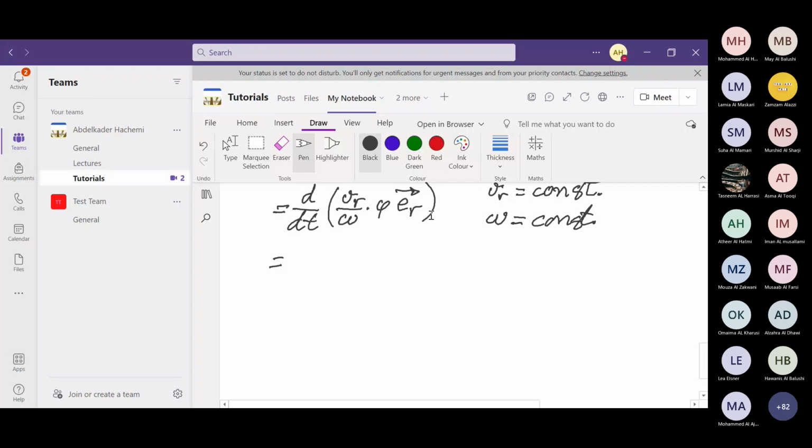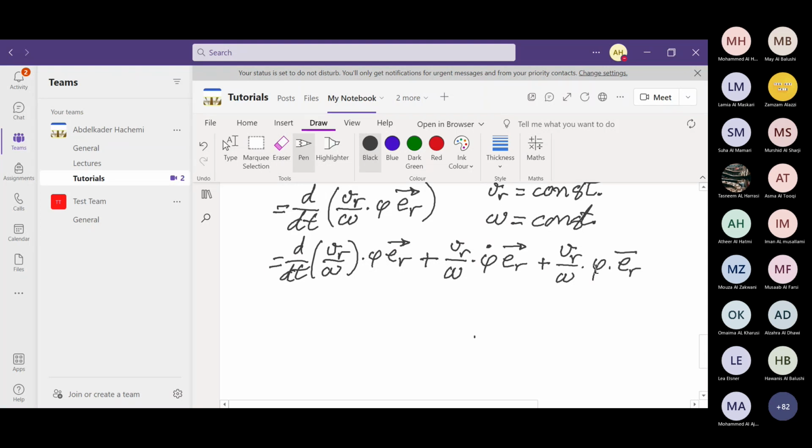Then we have d over dt of VR over omega, multiplied by phi ER, plus VR over omega multiplied by phi dot ER, plus VR over omega multiplied by phi multiplied by ER dot.